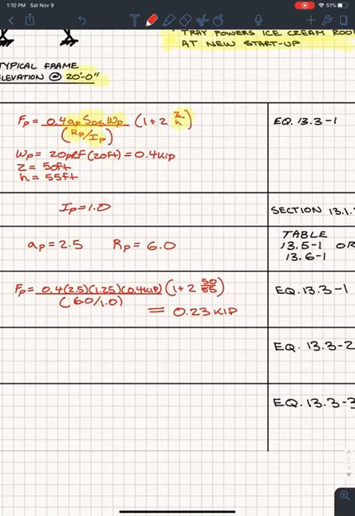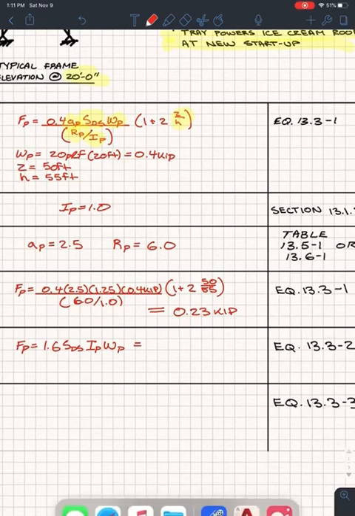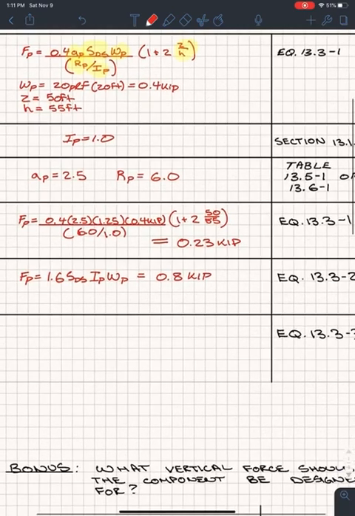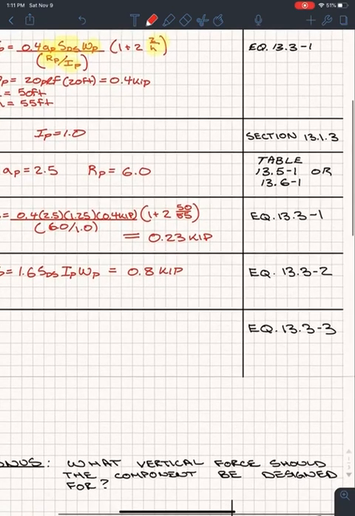Okay, so if you reference equation 13.3-2, which I note there, you'll see that that gives you the maximum force that we are designed to, and that's given by F sub P is equal to 1.6 times SDS times I sub P times W sub P, and that ends up coming out to 0.8 kips when you multiply all of that together. And then there's a minimum.